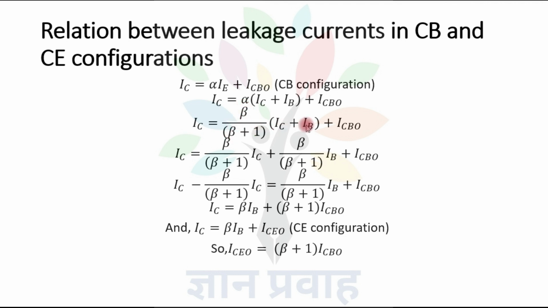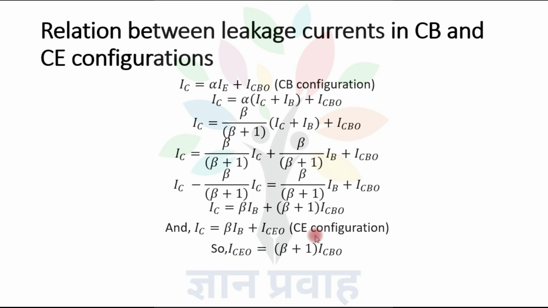So IC equals beta upon beta plus 1 times IC plus IB, plus ICBO. So IC minus beta upon beta plus 1 IC equals beta upon beta plus 1 IB plus ICBO. So IC equals beta IB plus beta plus 1 ICBO.